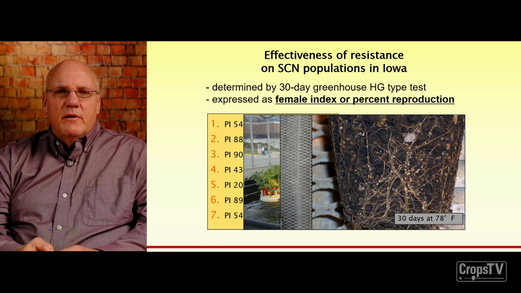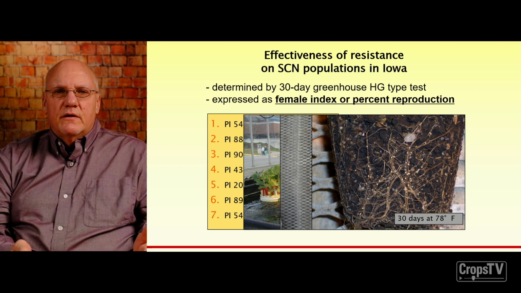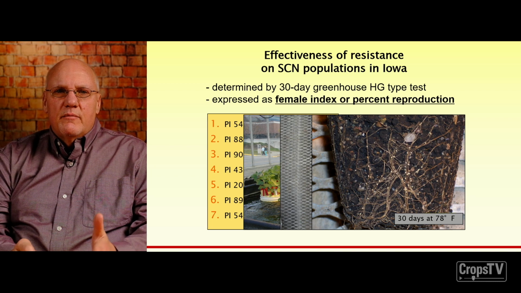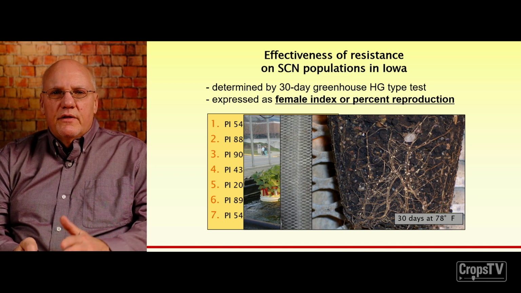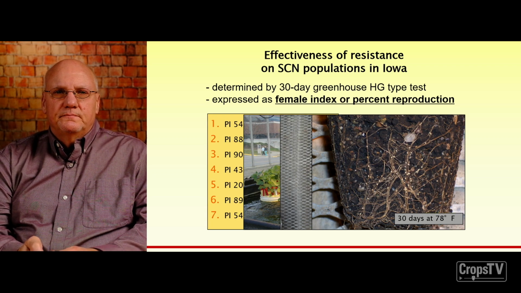That would be a susceptible soybean plant, and that's our reference point. And then we can calculate how much reproduction occurred on those sources of resistance compared to how much reproduction occurred on the roots of the susceptible soybeans. And that's how we come up with that female index or percent reproduction.